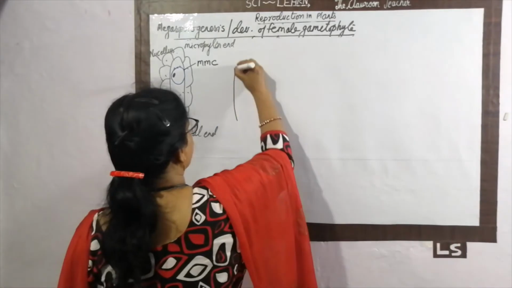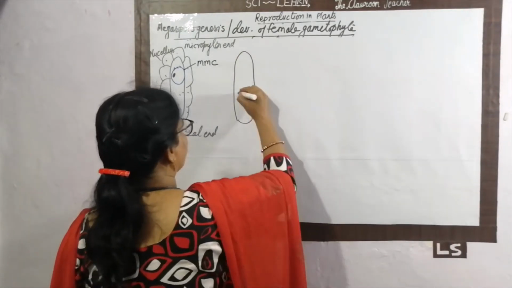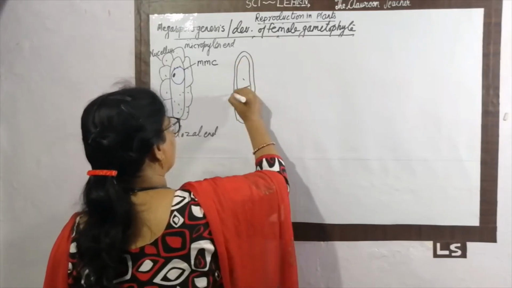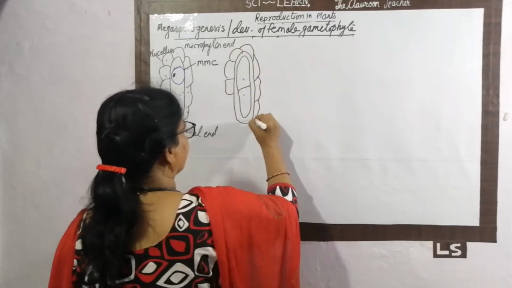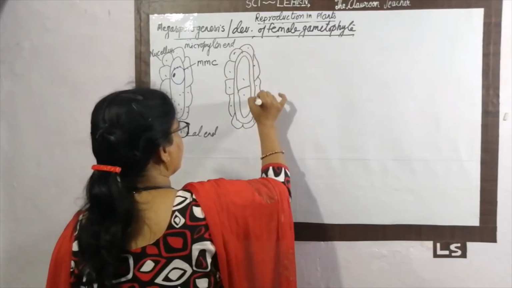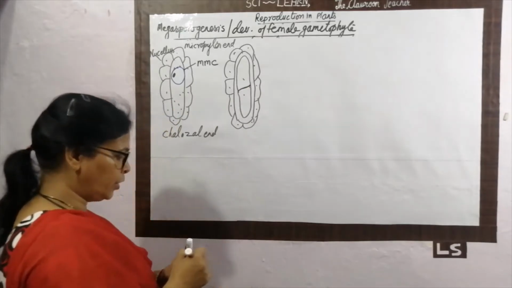What happened next? This is divided into 2. All the nucellus is here, this whole nucellus is outside this. Okay, and it is divided into 2.